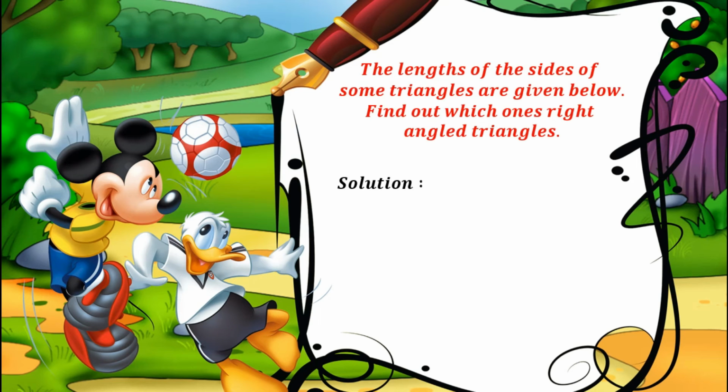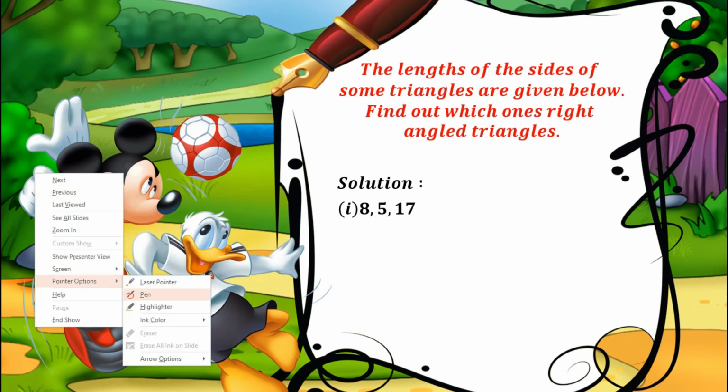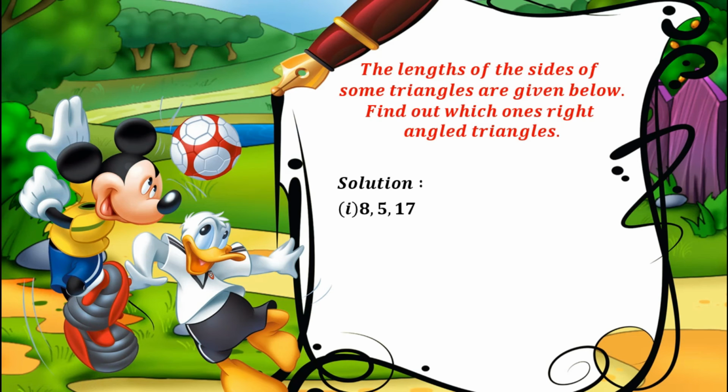So here you will see that 8, 15 and 17 are here. Okay, so here you will see that 17 raised to 2 will be 289, and we have to see the addition of 8 and 15.